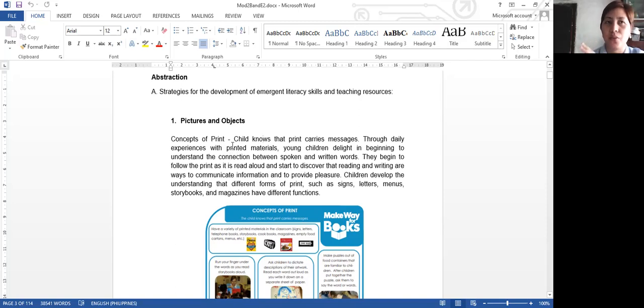Just the same way, not just in industrial arts, but also in AFA. For example, what are the tools to be used whenever they will be doing gardening or other activities. In technology and livelihood education, there are a lot of tools and materials to be used. So for the students to be familiarized with those things, we need these pictures and objects.